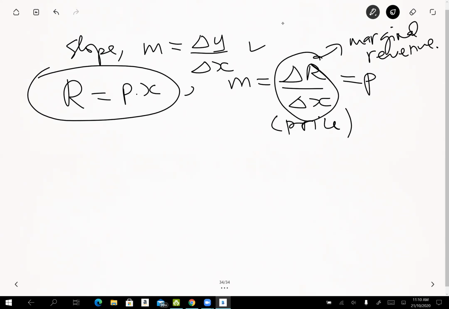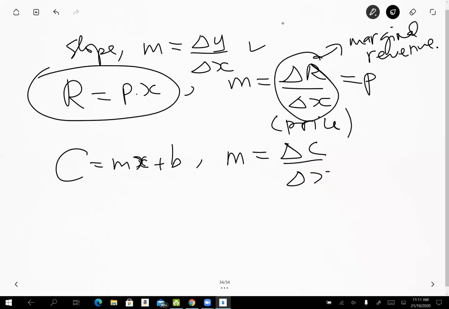Now look at the cost. Cost is mx plus b, which is the variable cost plus the fixed cost. And the slope is equal to delta C over delta X. And what is it equal to?